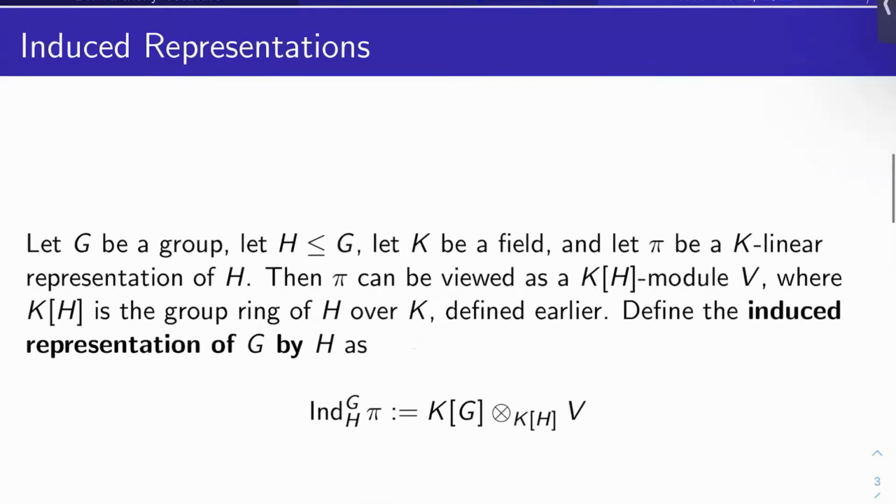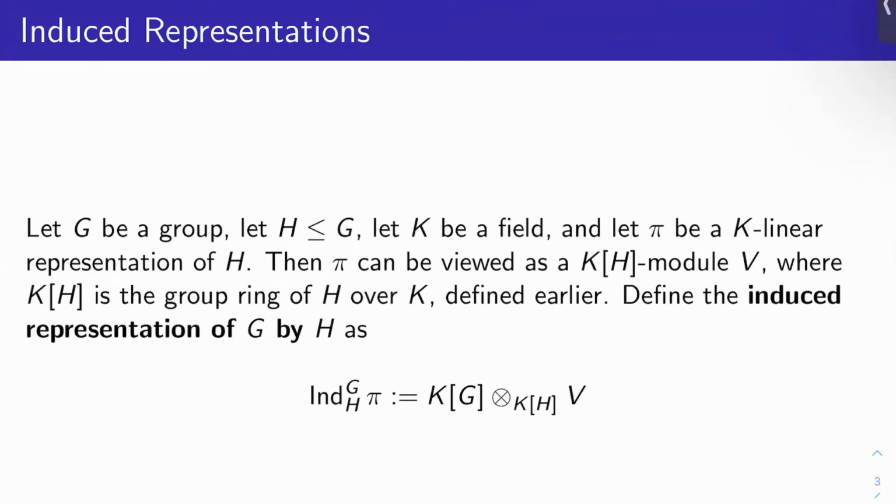One quick definition first from representation theory. Let G be a group and let H be a subgroup of G. We'll let K be a field and we'll let pi be a K-linear representation of H. So I've got a representation on the subgroup.